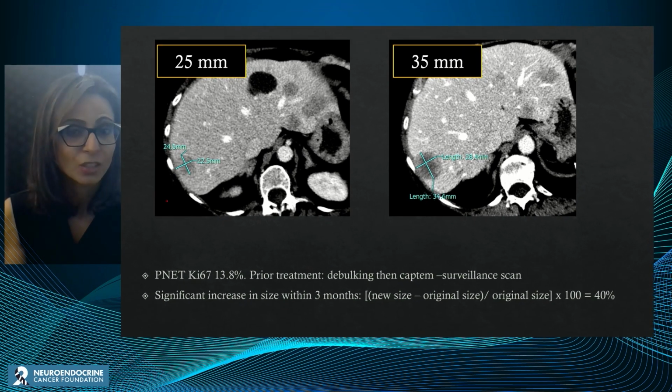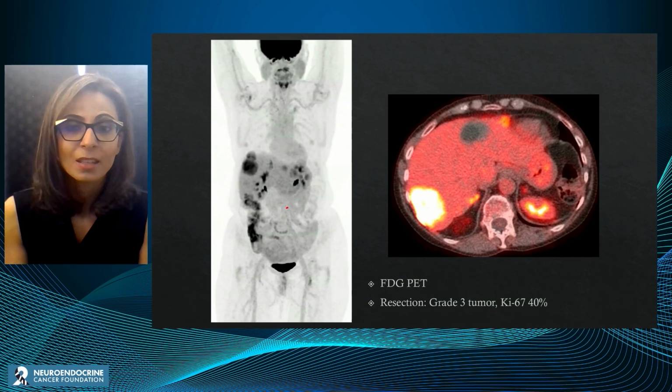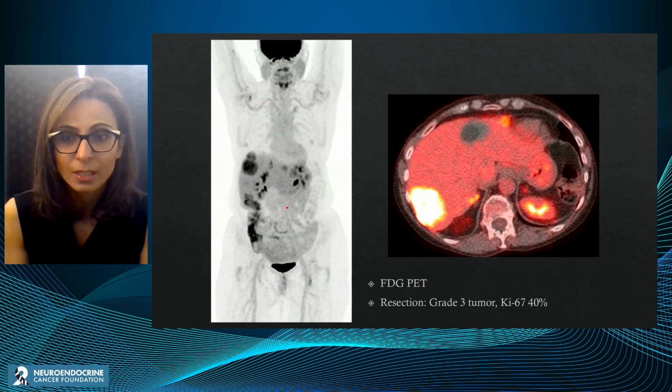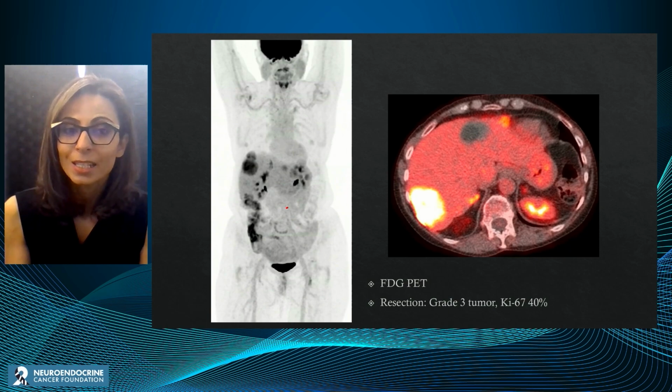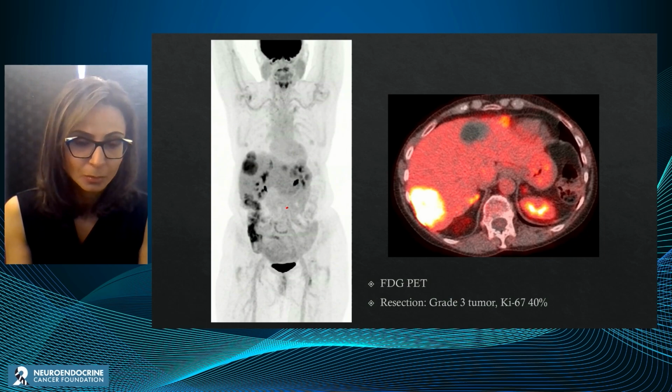We could either do FDG PET or biopsy. In this case, we did FDG PET, and we see that the tumor is very hypermetabolic. That's a sign of higher grade disease. This was taken out. A couple of tumors in the right liver lobe were resected, and the Ki-67 was higher. So it was grade 3, and it was more aggressive than the initial tumor a few years ago.